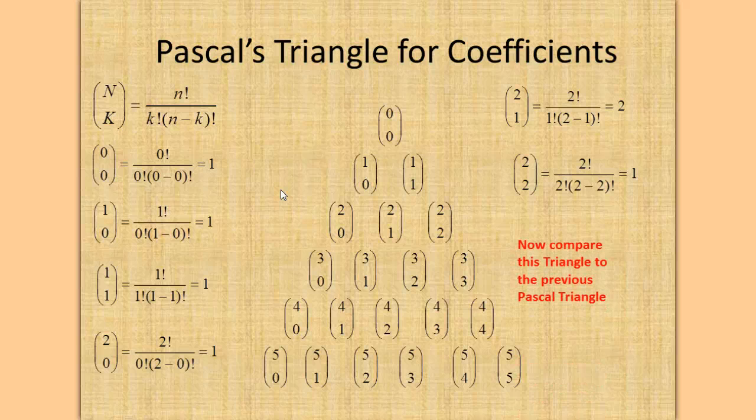Now compare this to the previous Pascal's triangle. 1, 2, 1. N choose k, where n is 2 and k is 2, is equal to 1 right here. N choose k, n is 2, k is 1, is equal to 2, right here.